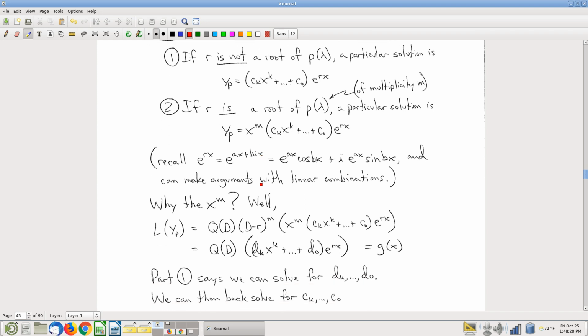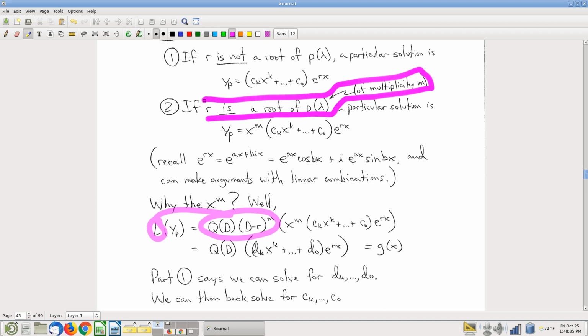Let's see, I'll do it like this. So let's look at our differential equation. Here it is. Our linear differential operator is that. Keep in mind, we're looking at the case where r is a root of the characteristic polynomial of multiplicity m. You can see that right there in that. There's the (D minus r) to the m.